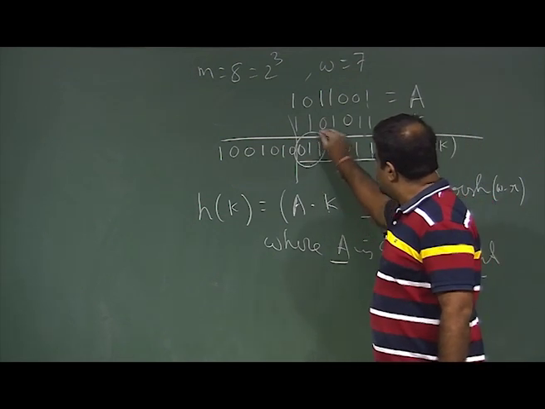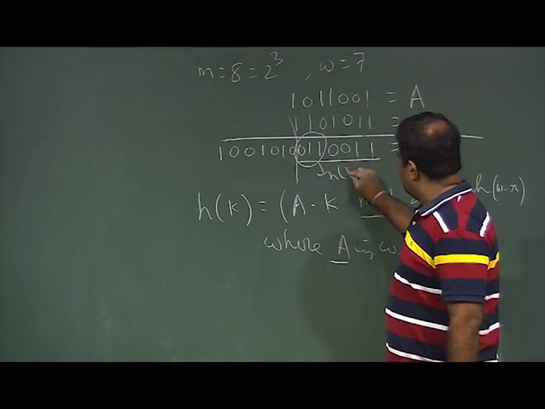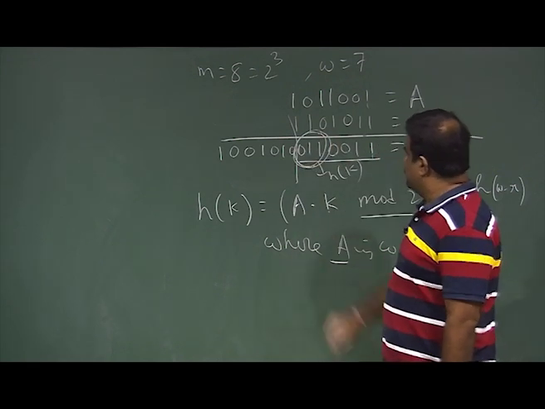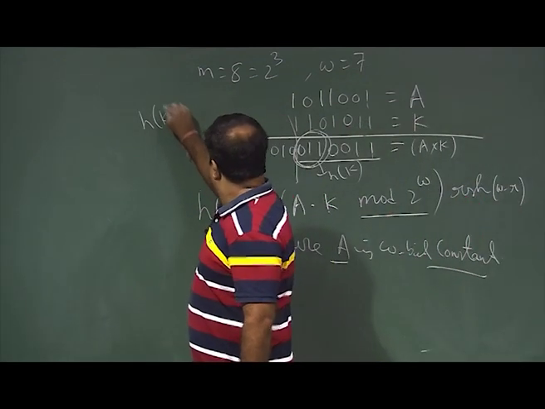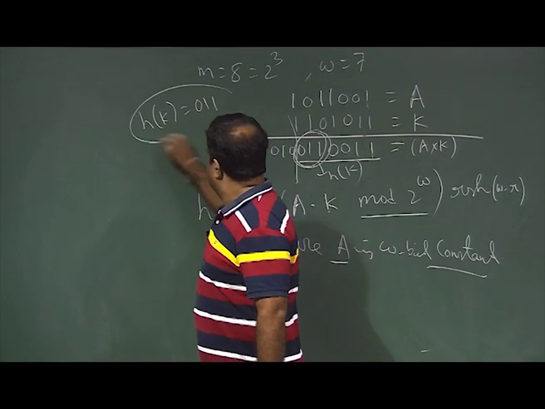So, this is basically our H of K, these 3 bits. H of K is basically here, 0 1 1.